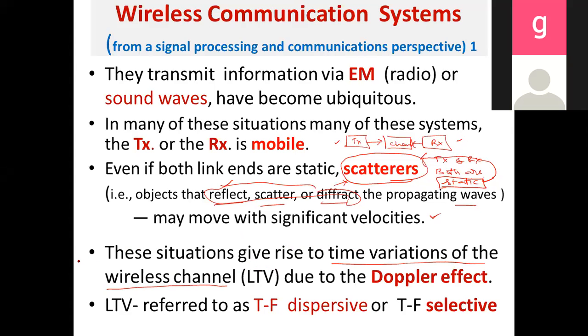This is the effect of the scatterers. It varies the propagation of the wireless channel over time, and it is mainly due to the Doppler effect. This kind of wireless communication channel is called a linear time varying channel, an LTV channel.